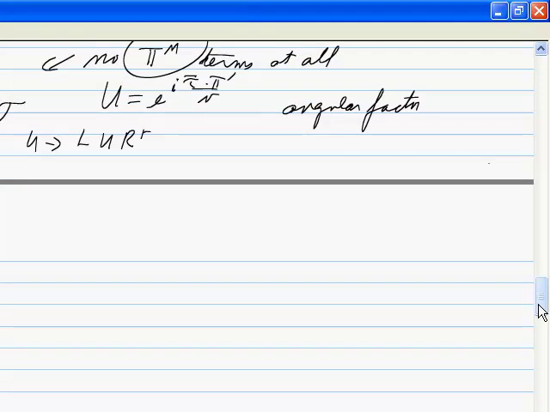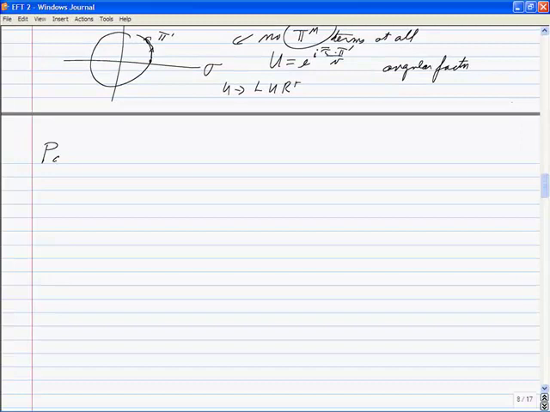Okay, so let's then try to formalize this a little bit more. Let's look at the path integral, and define our effective Lagrangian that way and see that what we're doing is really just that.